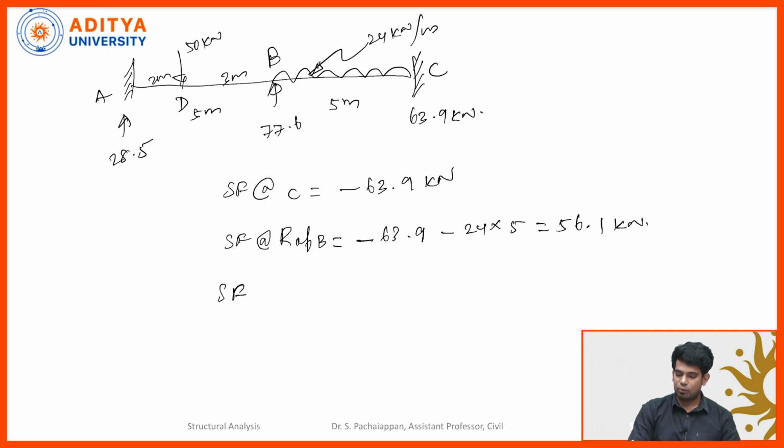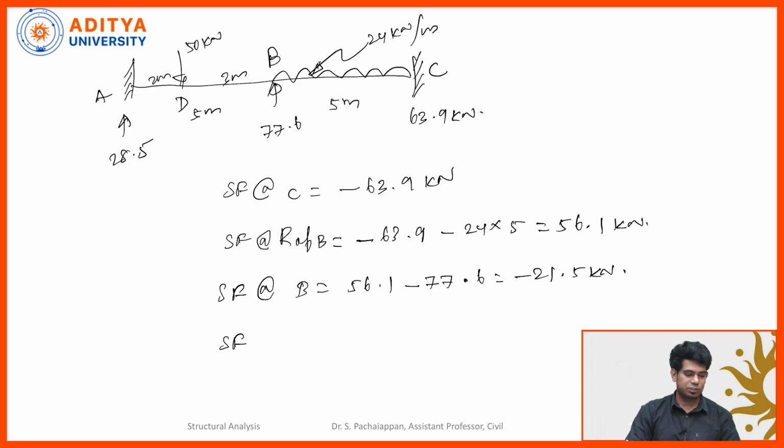Now shear force at the point B exactly is 56.1. At point B we have a support reaction of 77.6. Upward I consider negative, so 56.1 minus 77.6. So we will be getting minus 21.5 kilonewton.